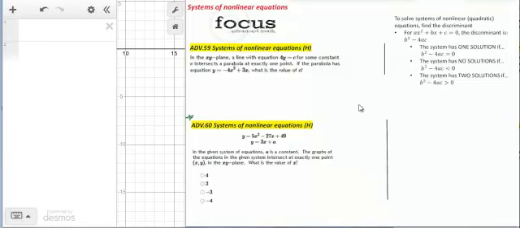And so this is a problem where you have a system of equations that has a linear form and a quadratic form. And what they specifically tell you is that this solution is going to be one solution, no solution, or more than one solution.